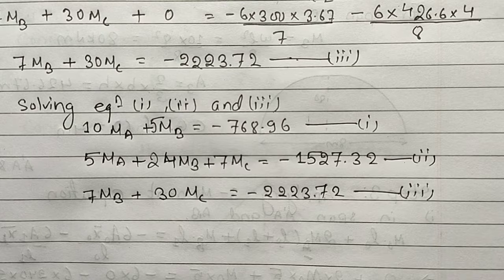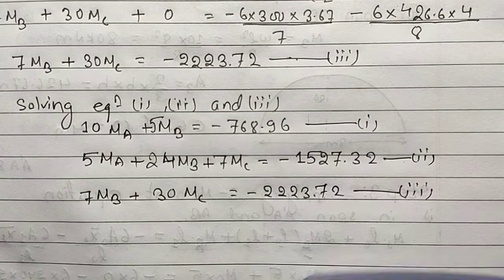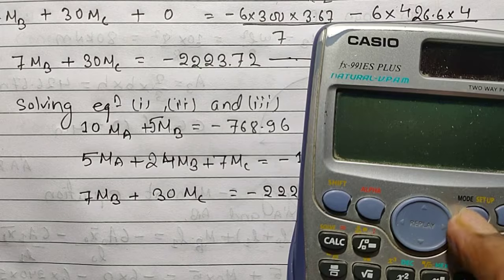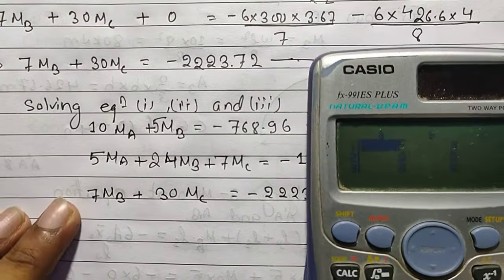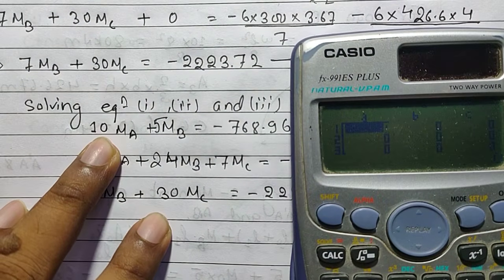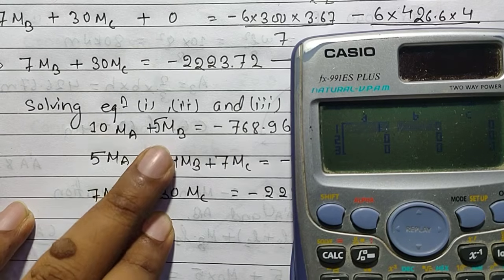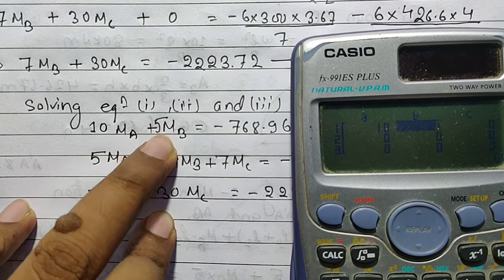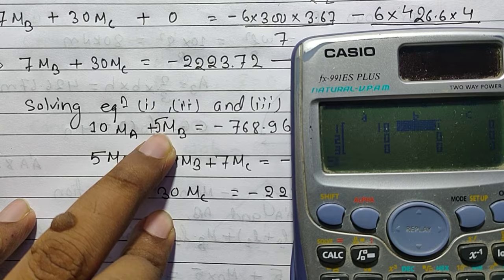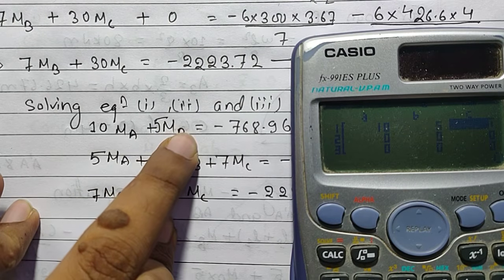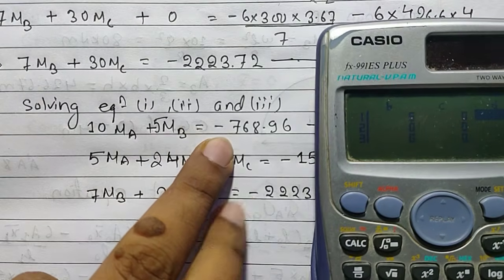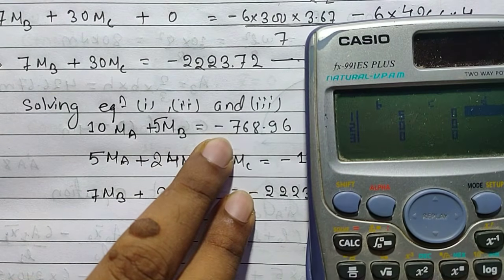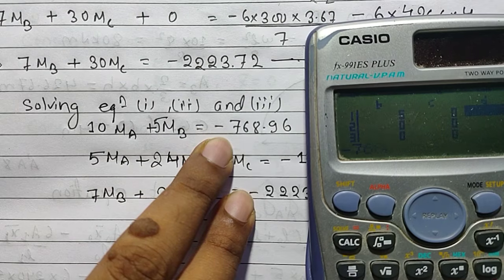Now I am going to show you how to solve these equations using a calculator. Go to mode 5 for equation and again 2, select 2 and then enter the values. This is 10 MA, so enter 10, and the coefficient of MB is 5, so enter 5. Here MC is absent, so we will enter it as 0, and the value of D is going to be minus 768.96.